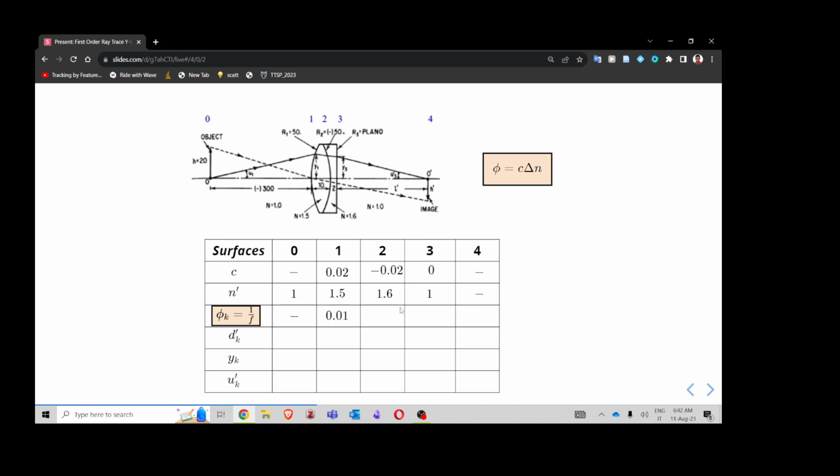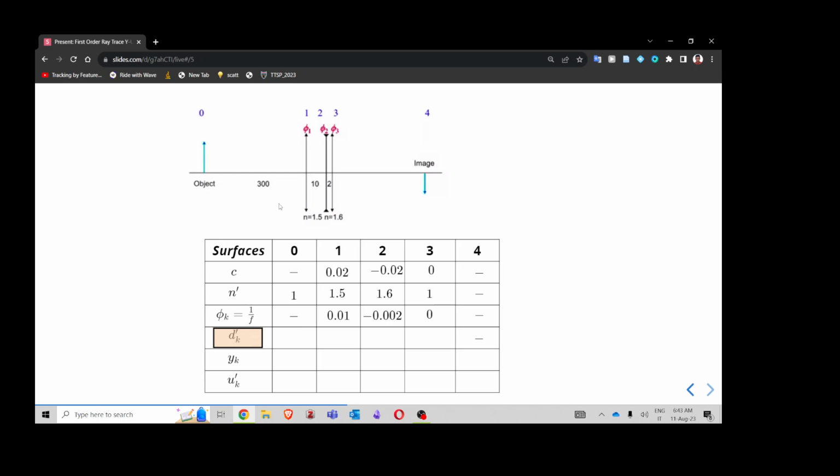Then similarly we do it for the second and third surface. We just take the difference in index of refraction multiplied by the curvature, and we get the value. For the flat surface, since it is flat, the curvature is 0, and the power is also 0. But even though the power is 0, there will be bending because there is a difference in refractive index between this medium and this medium. And for the fourth, it's not defined.